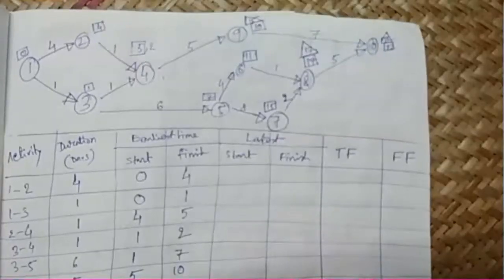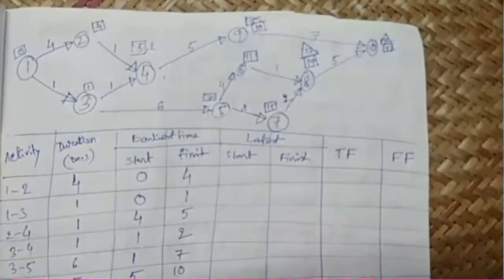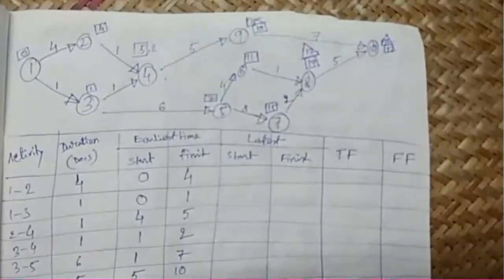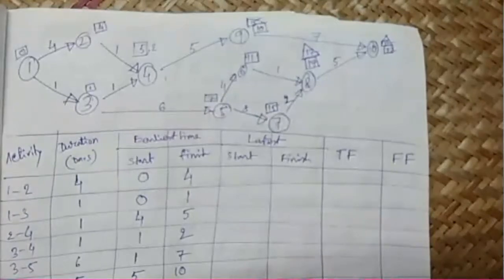Now we'll talk about 7 8. This 7 8 has the latest finish of 17, as we have found out. So the latest start of 7 8 will be 17 minus the duration of 2 days.